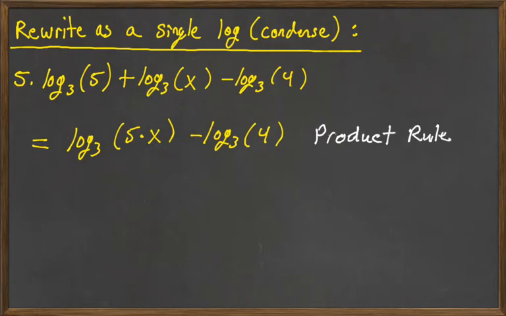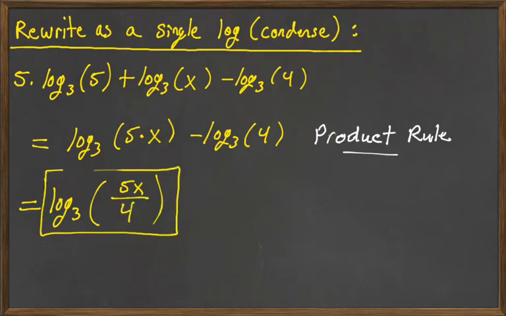Okay, and then we can go ahead and combine the log base 3 of 5x minus the log base 3 of 4 as a quotient, so the 5x will be on top and the 4 will be on the bottom. And that's as far as we can go using that quotient rule there.